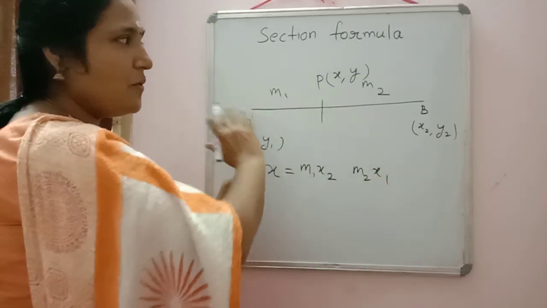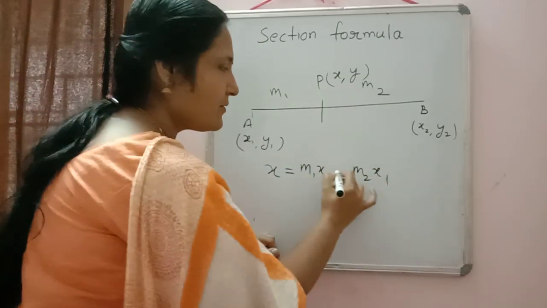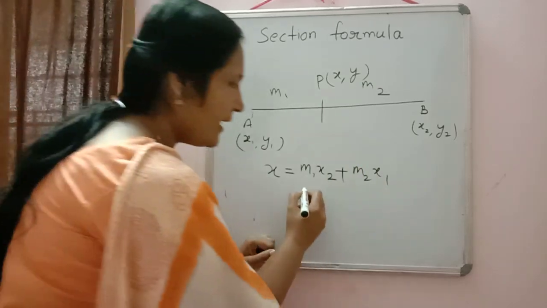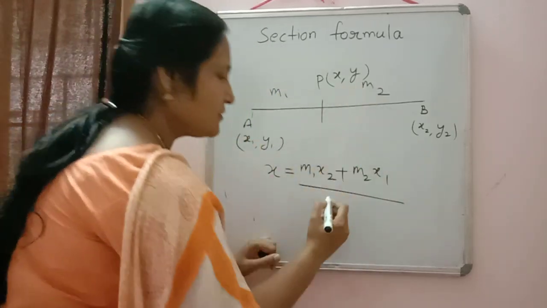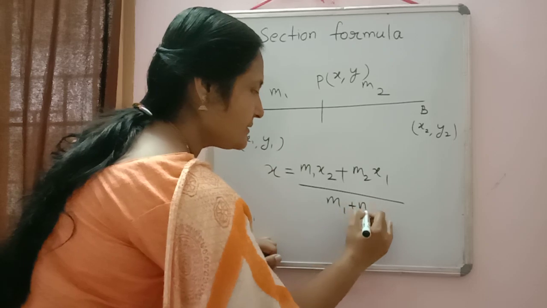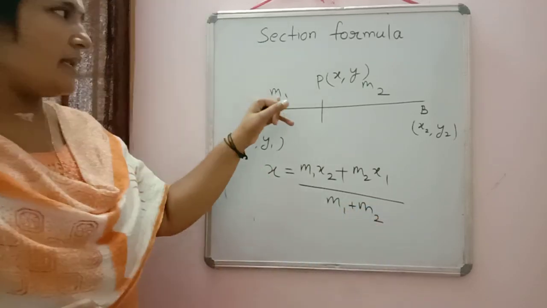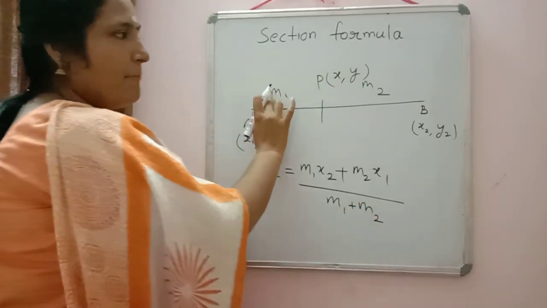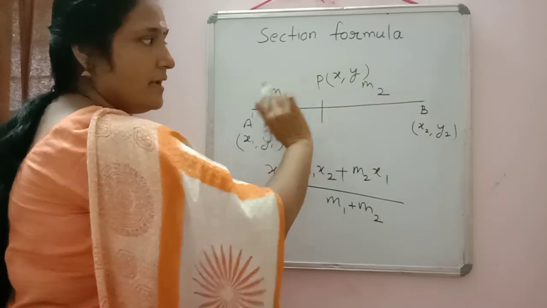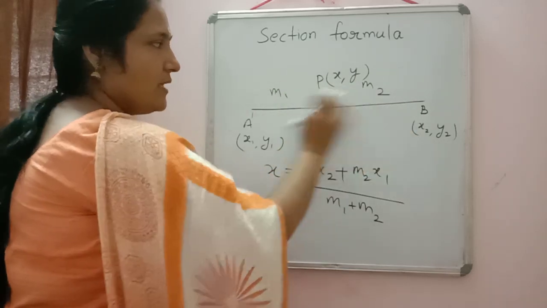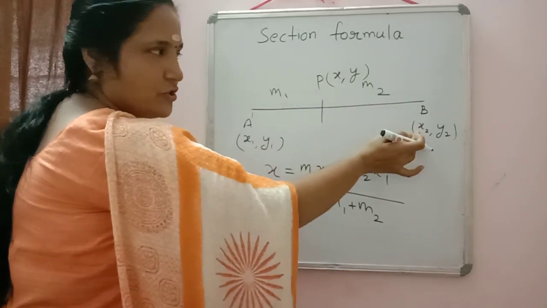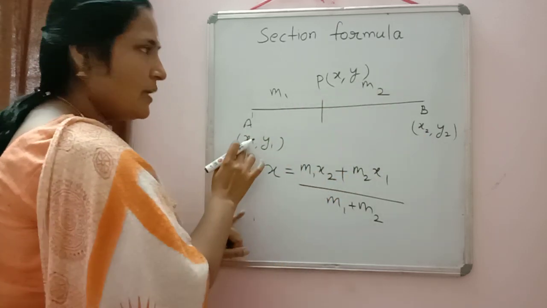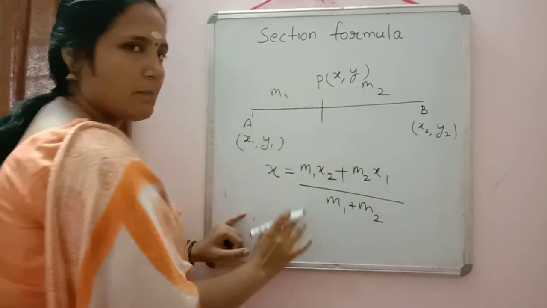So our houses are related. Plus, divided by the sum of the ratios, m1 plus m2. So the x coordinate is (m1 x2 plus m2 x1) by (m1 plus m2).